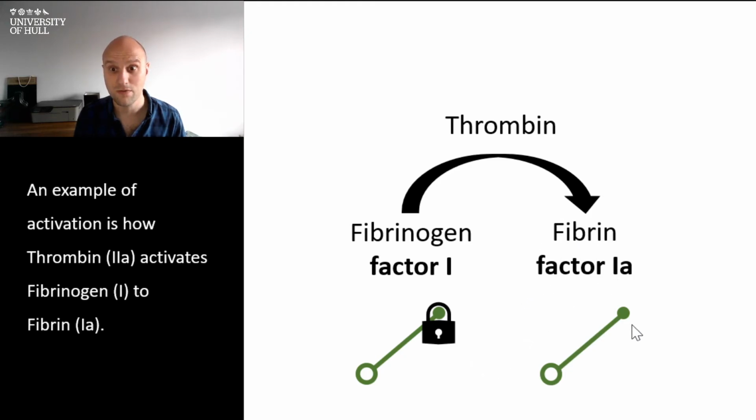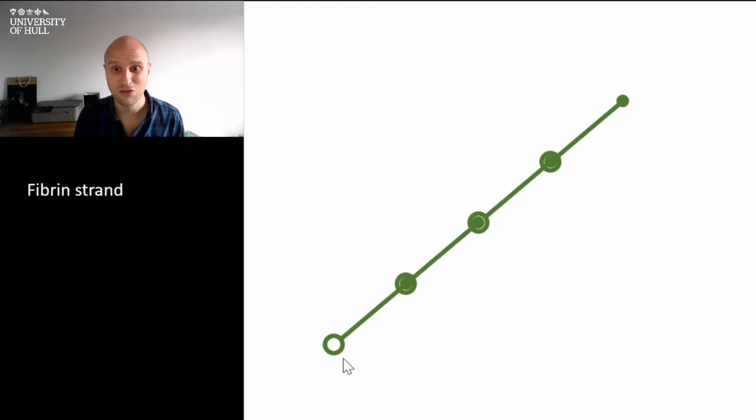You can see it's removed that lock, and you can see that we've got that little A there to denote the fact that this is now an active factor. And what active fibrin will do is group together to form a fibrin strand.